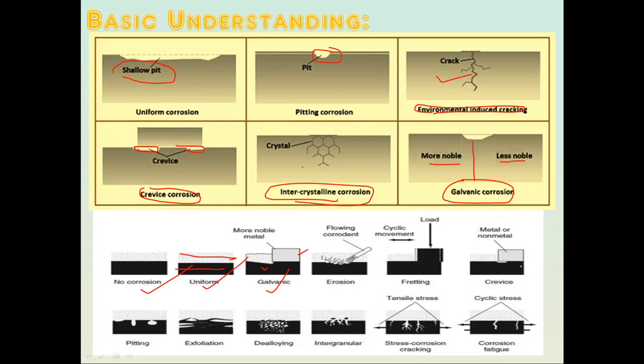Then crevice, when there is a gap between two metals. Then pitting, exfoliation, dealloying, intergranular, stress corrosion cracking, chloride stress corrosion cracking, and then corrosion fatigue. These are all basic forms of low temperature corrosion or aqueous corrosion.